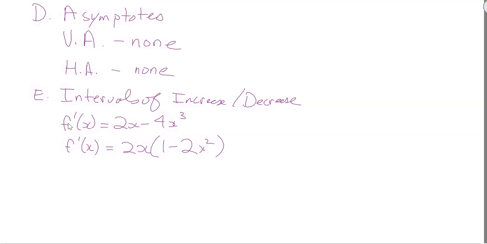So what are our critical numbers? f prime of x is defined everywhere, so we would look for where it's not defined, but it's defined everywhere.